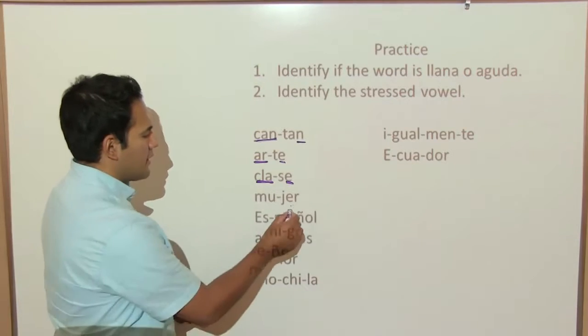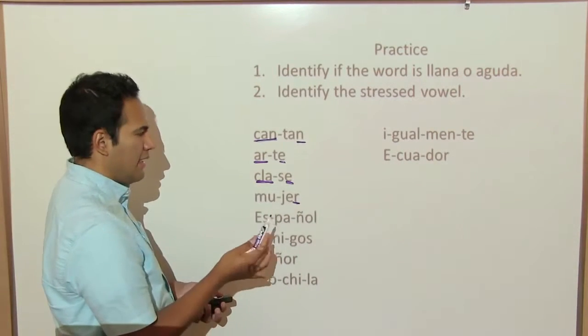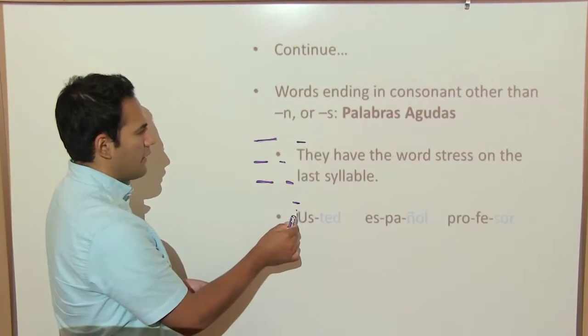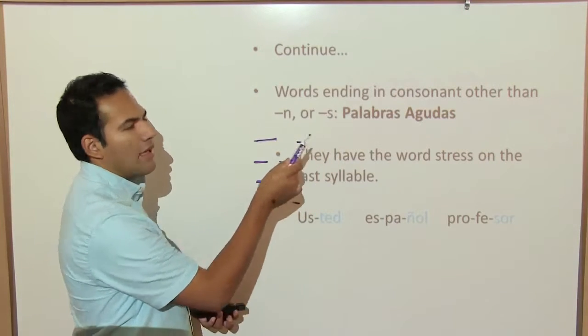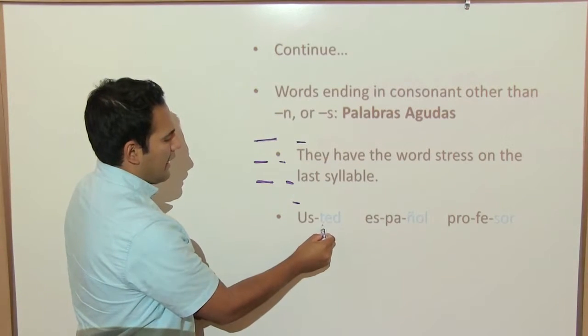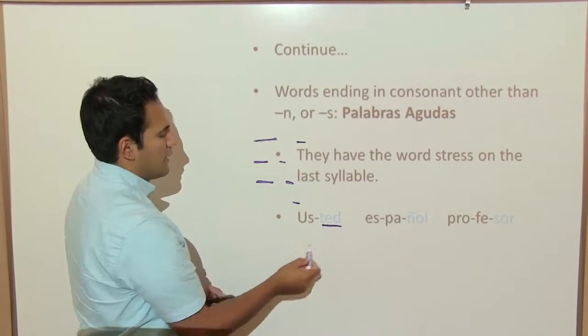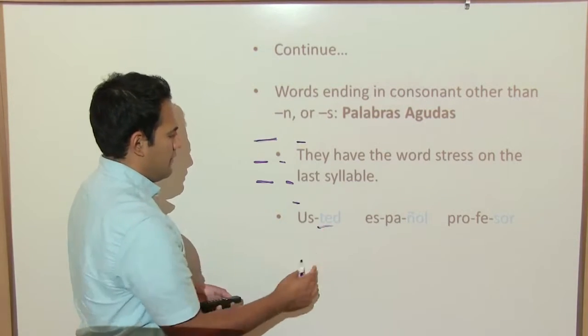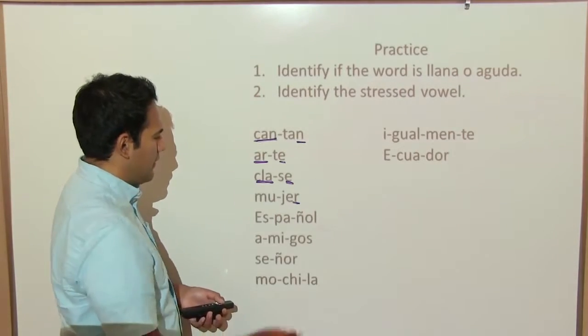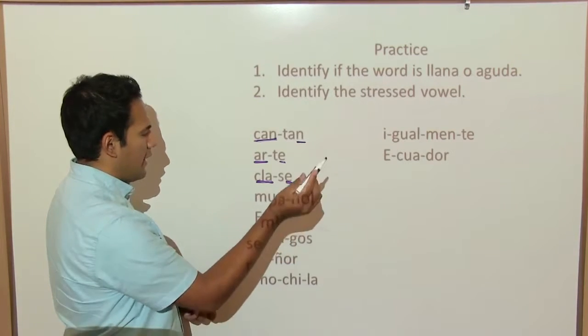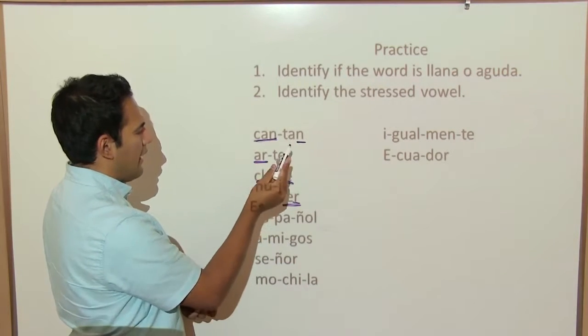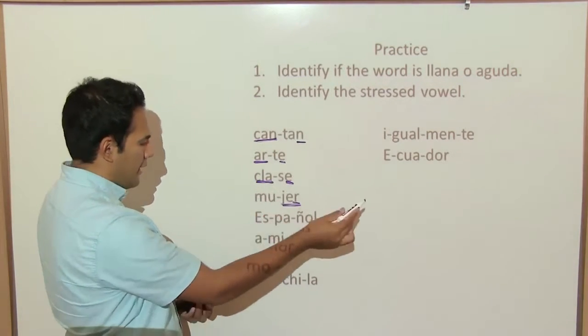The next one ends with a consonant. It's not an N or an S, so therefore it's going to be a palabra aguda, and the stress is going to be on the last syllable. So right here, mujer. So: cantan, arte, clase, mujer.